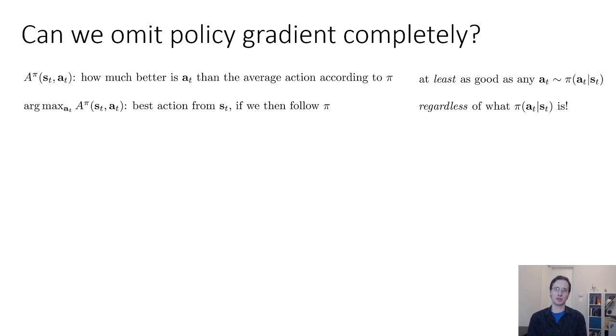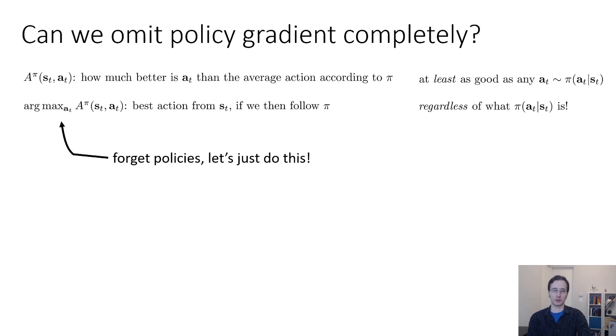So regardless of which policy we had before, even if it was a very bad random policy, we ought to be able to improve it by selecting the action according to the argmax of the advantage. So maybe we could forget about representing policies explicitly, and we could just use this argmax to select our actions.